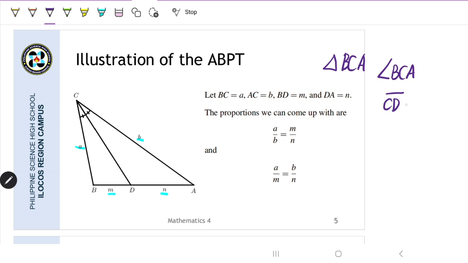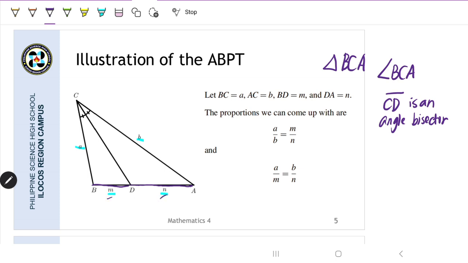So therefore, CD is an angle bisector. And CD divides side BA into two parts. You have here BD and DA, which are represented by the variables m and n respectively.